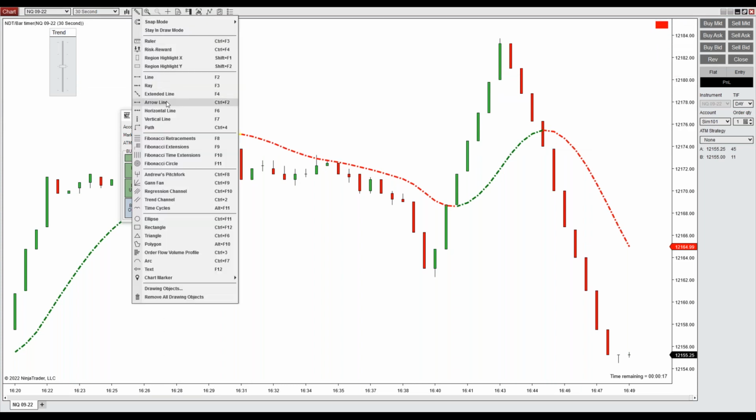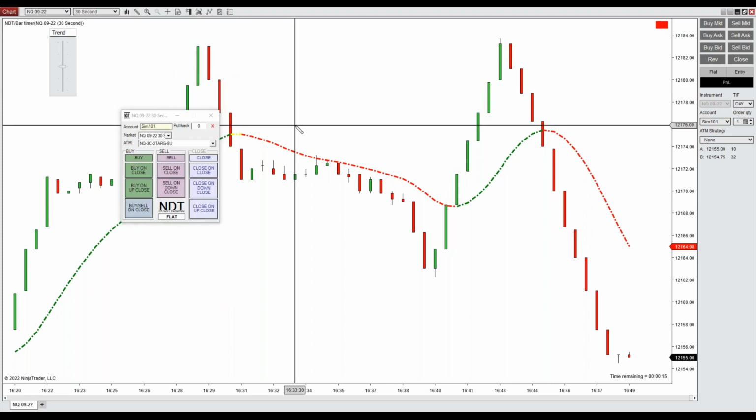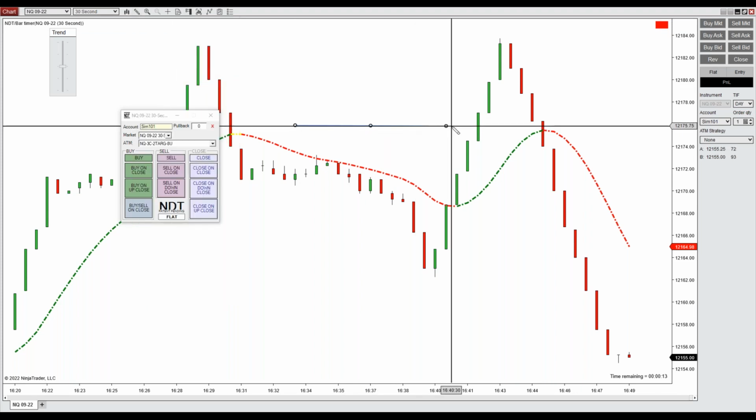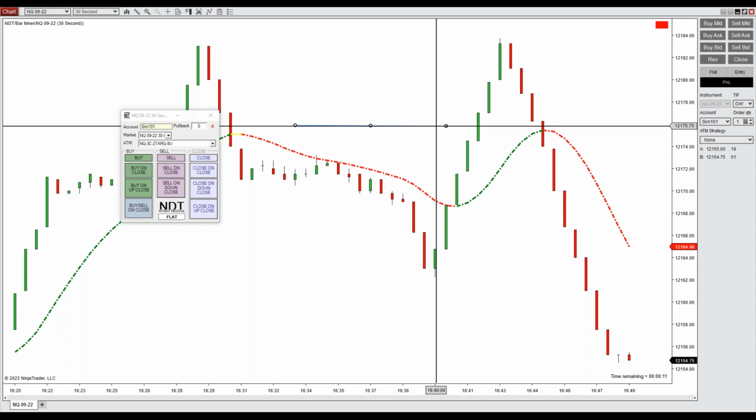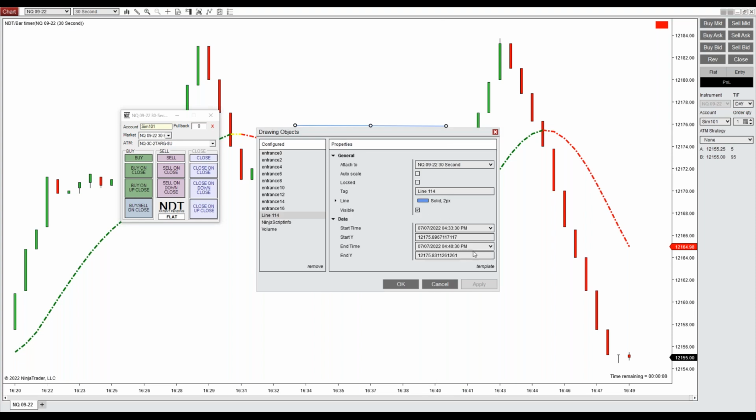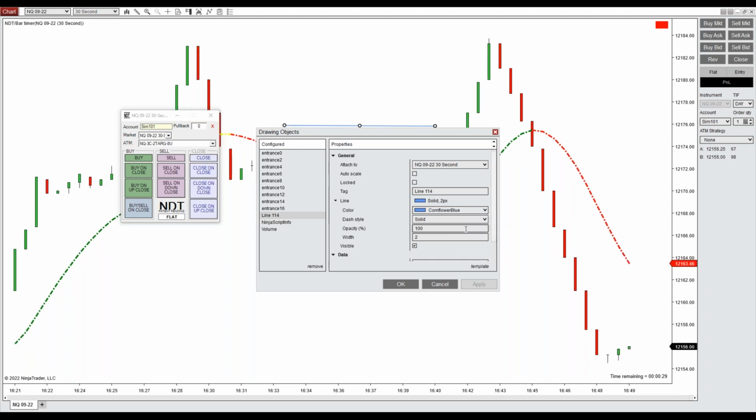let's say that if I put a line up here, here's the 50 EMA, and we're going to call that obviously the midline, and that's the average close of price over the last 50 candles. And we're going to make that width 5, just to make it thicker.